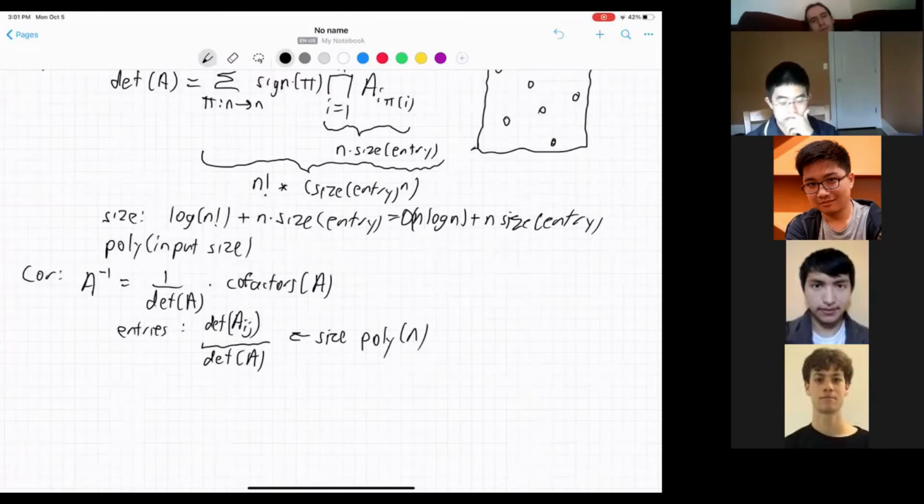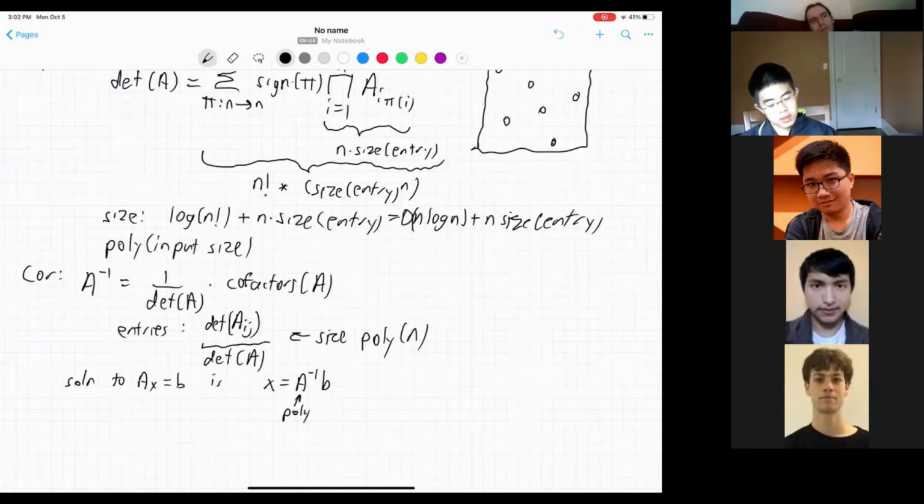So that tells us that the solution to AX equals B, right? That is just X equals A inverse B, right? And we've already said that this has polynomial entries. And well, this is part of the input. So of course it's polynomial in size.